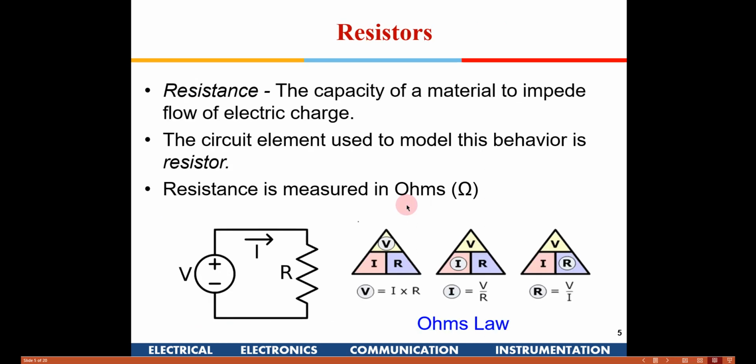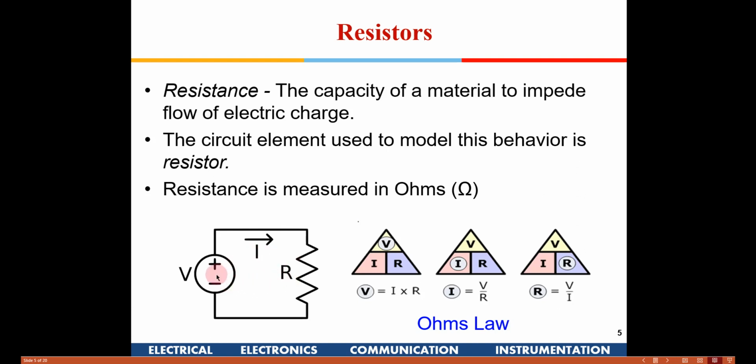Then moving on to what a resistor is. Resistance is the capacity of a material to restrict, or impede, the flow of electric charge. Resistance is measured in ohms. When you apply a voltage, higher resistance means it will allow less current.